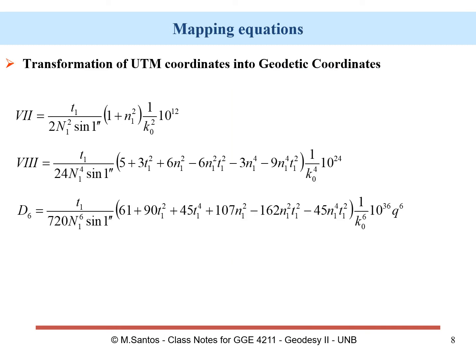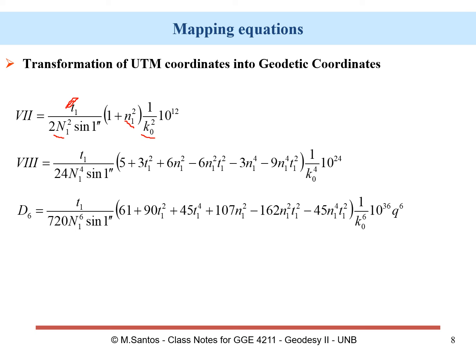So here are the terms: term 7, term 8, term 9. The notation is known. This is the prime vertical radius. This t represents the tangent square of phi. N is as defined. K sub 0 is 0.9996.